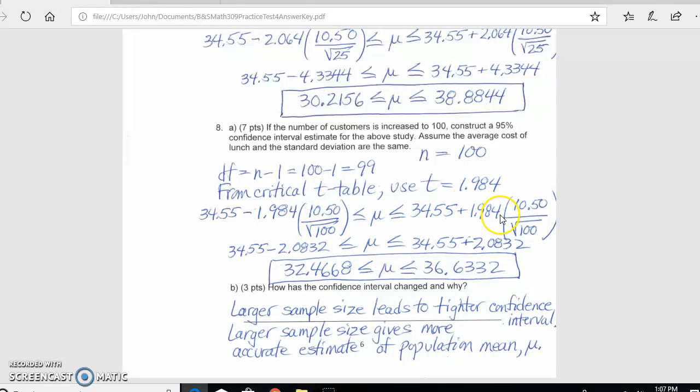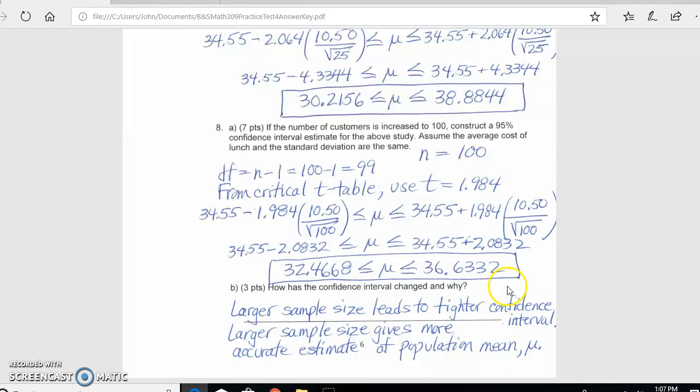And both sides of the equation are similar. The only difference is you have a plus on the right-hand side and a minus here on the left, but the values are all the same on both sides. So as you do the calculations, you should come up with this confidence interval right here.